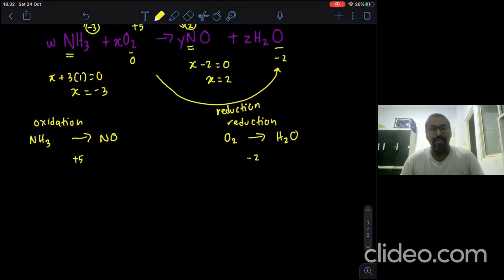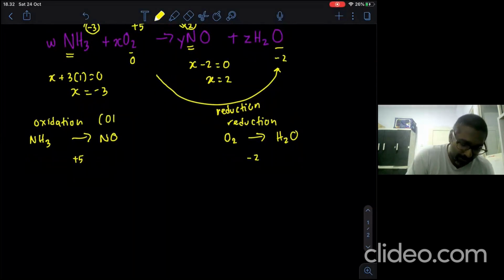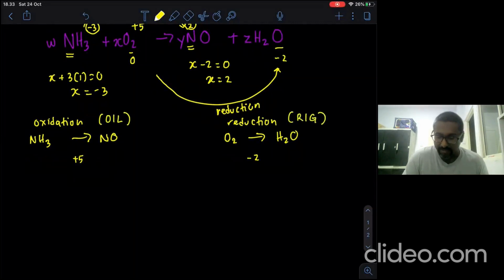Now, when it comes to the definition for oxidation and reduction, you can remember OIL RIG. Oxidation is loss of electrons. Reduction is gain of electrons. So in this case, we are going to use the electrons to solve this reaction.